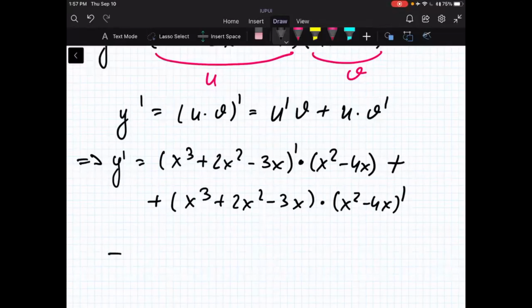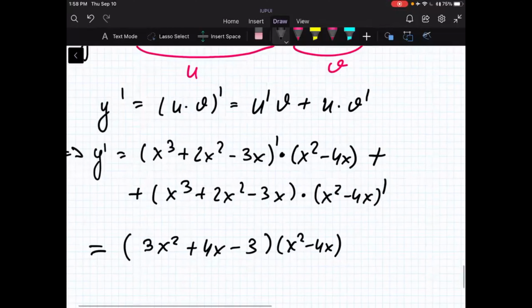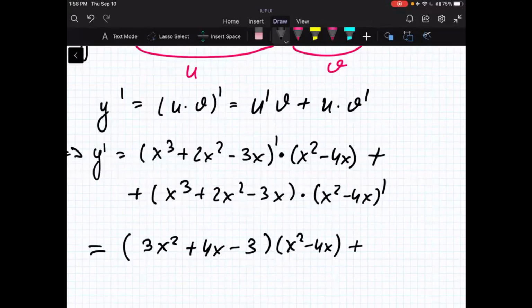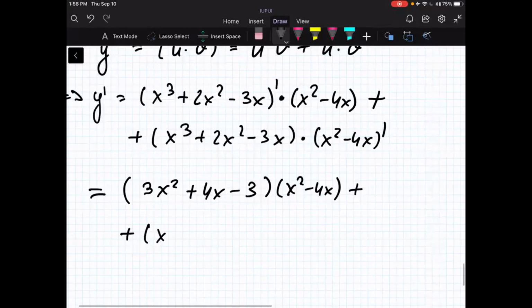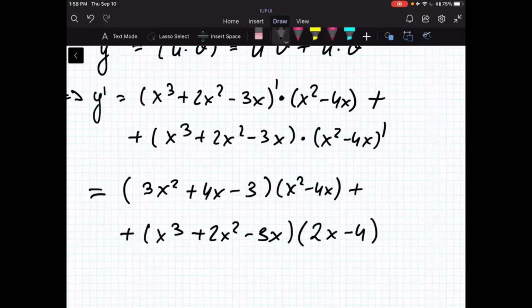And again, we got the derivative of the polynomial. So the first one will be 3x squared plus 4x minus 3 times x squared minus 4x, and plus, I just rewrite the first function, and then calculate the derivative of the second, which is 2x minus 4.